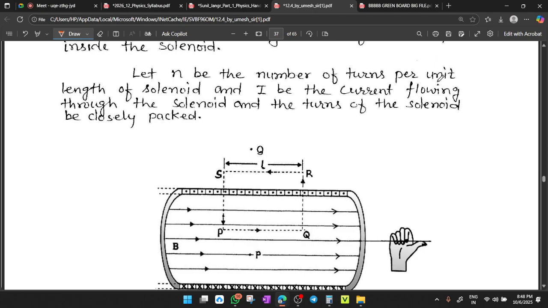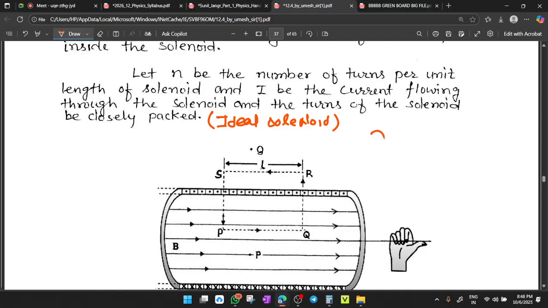Let n be the number of turns per unit length of the solenoid, and I be the current flowing through the solenoid, and the turns of the solenoid are closely packed. This means we are discussing the case of an ideal solenoid. Now remember one thing.